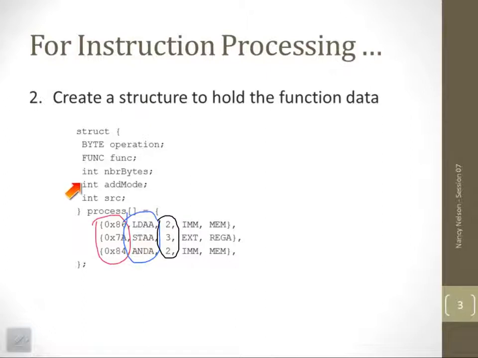Then we have the addressing mode and the source. So here we have the addressing mode, immediate, extended, and immediate. And finally, the source, so the information is coming from memory, from a register A, or from memory. So 5 fields, 5 sets of data.